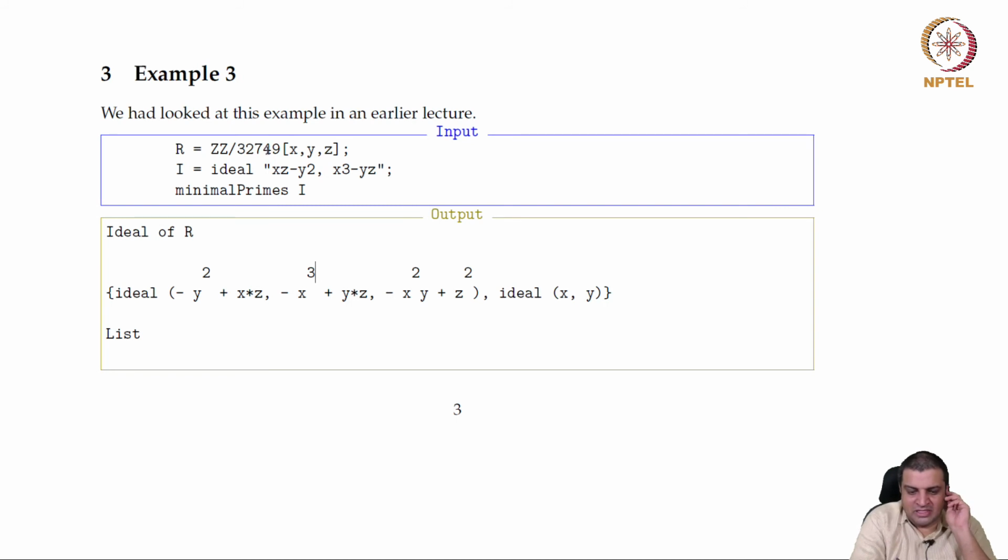So this is some large enough field, and I will explain why it's necessary to choose a large enough field. Polynomial ring in 3 variables. And here is an ideal that we saw: xz minus y square and x cube minus yz.